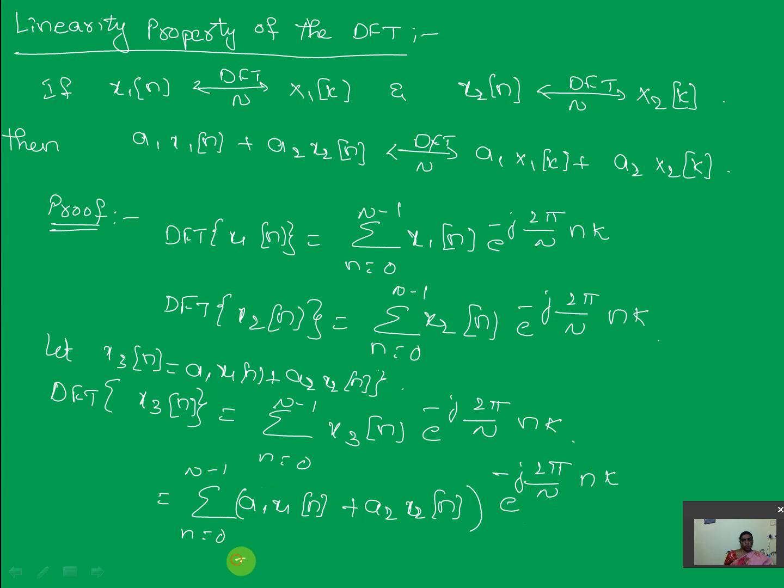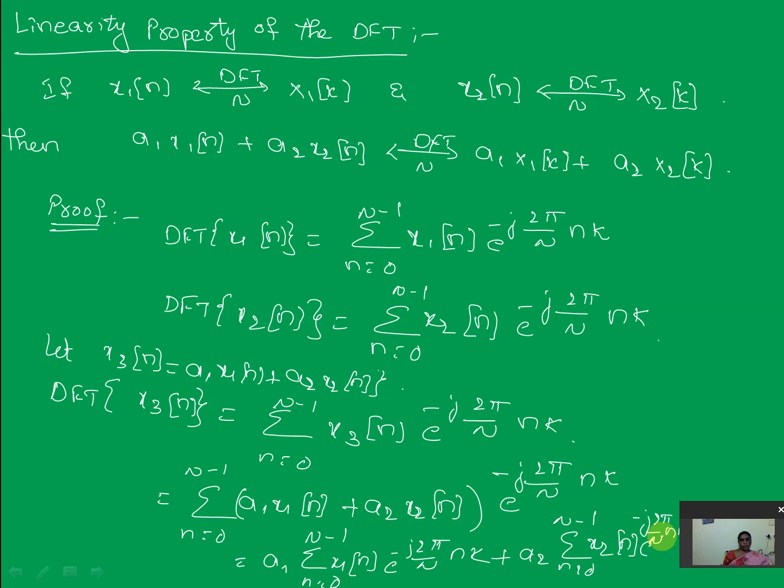This is equal to a1 into the summation n equals 0 to N minus 1 of x1 of n e power minus j 2 pi by N nk, plus a2 into the summation n equals 0 to N minus 1 of x2 of n e power minus j 2 pi by N nk.